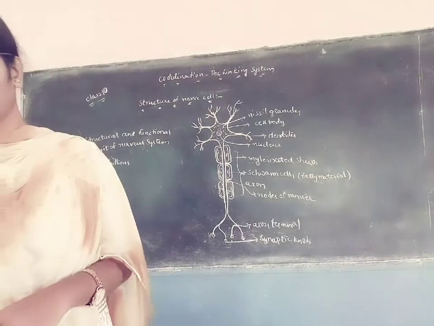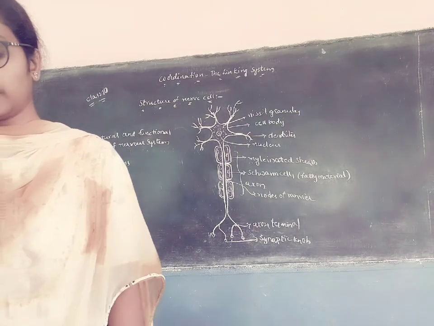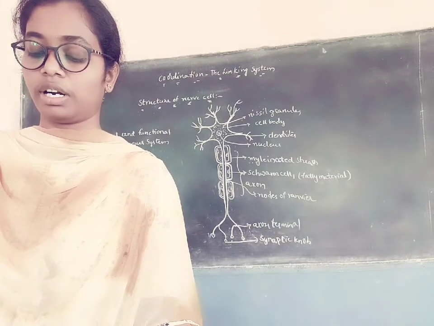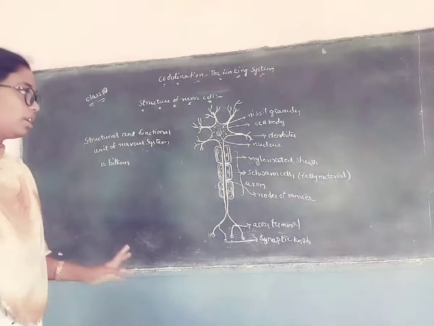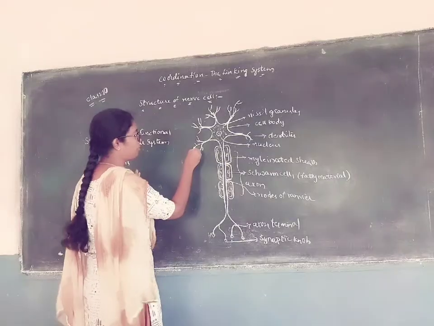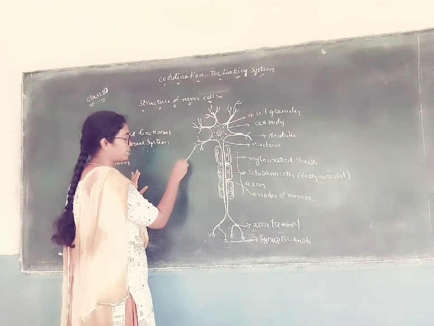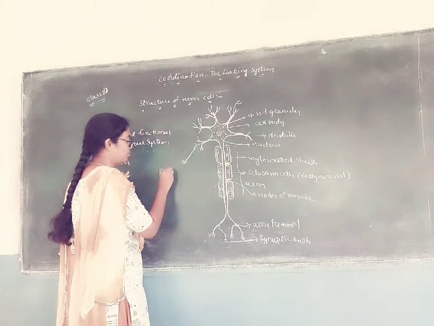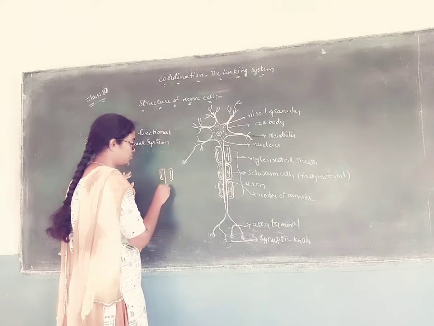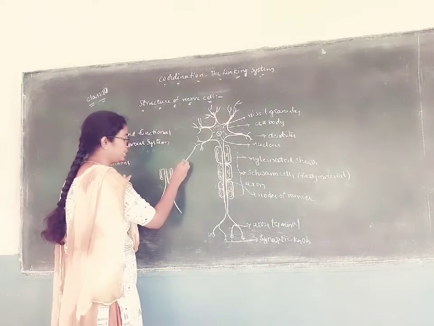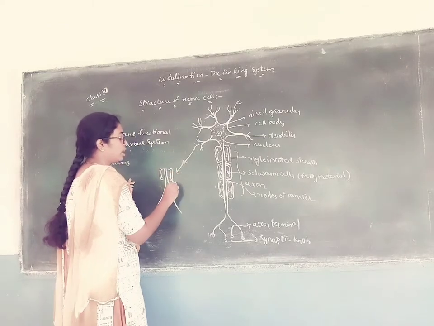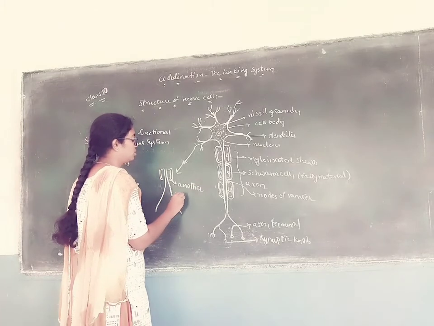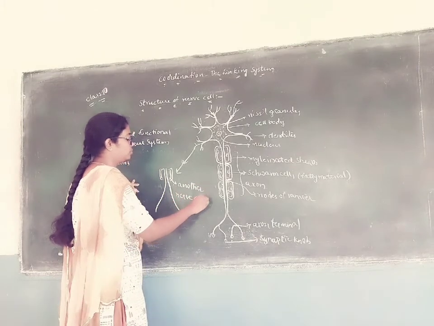The dendrites of one nerve cell connect to another nerve cell or to the axon of the other nerve cell through connections called synapses.